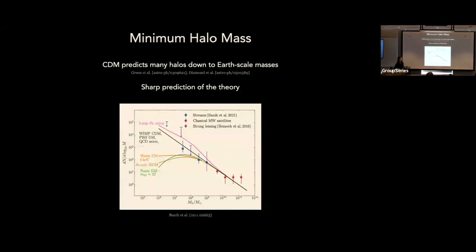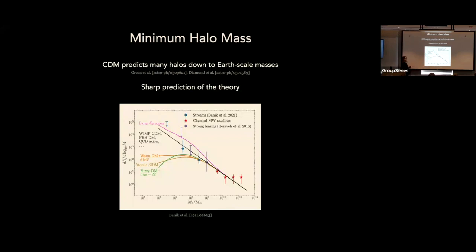So one way to capture that is to do statistics on the numbers of halos of a given mass, which is referred to as a halo mass function or subhalo mass function. I'm showing an example here. This is halo mass on the x-axis, and the y-axis is just the number of halos in each given mass bin.